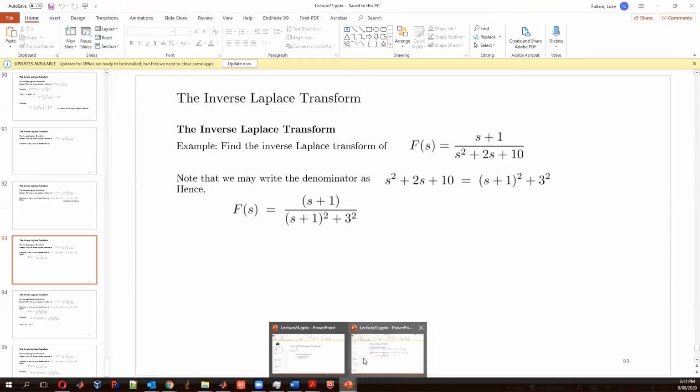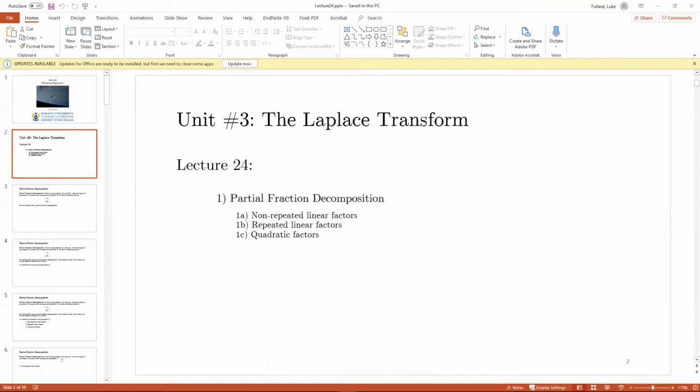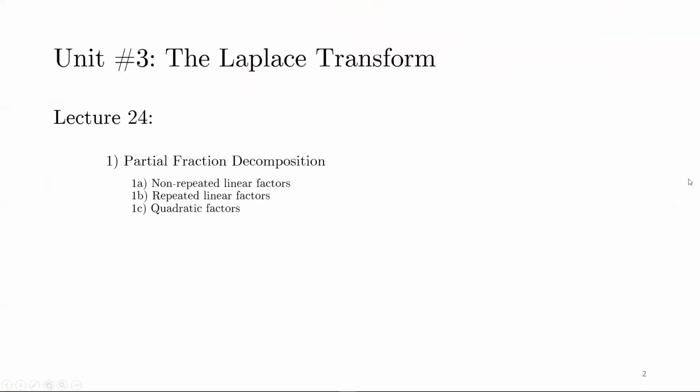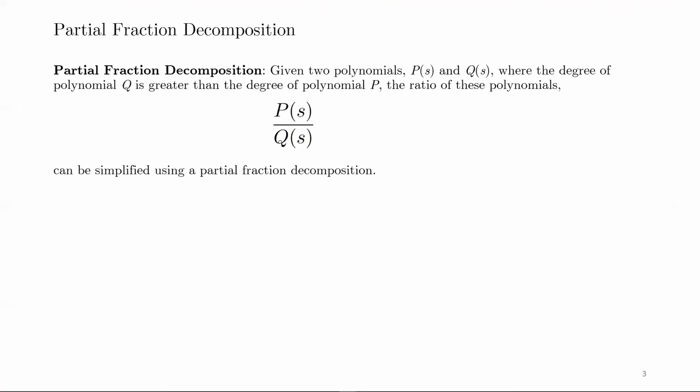So in fact what we need to do quite often is use partial fraction decomposition to simplify these ratios of these polynomials. So let's say we have two polynomials, p of s and q of s, and the degree of the polynomial q, so the polynomial on the bottom, is higher than the one on the top, p.